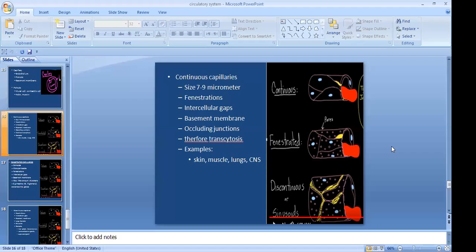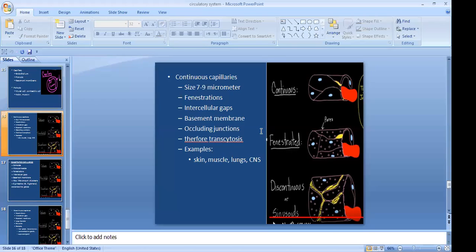So in case of continuous capillaries, there are no fenestrations, the intercellular gaps are tight, and the basement membrane is continuous. I would repeat again that in continuous capillaries, there are no fenestrations, tight intercellular gaps, and the basement membrane is continuous.